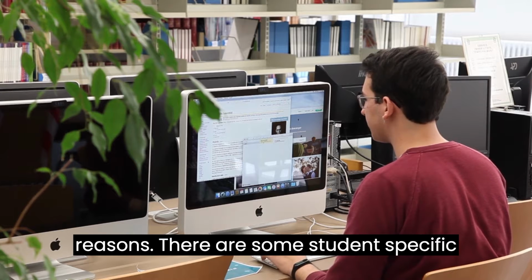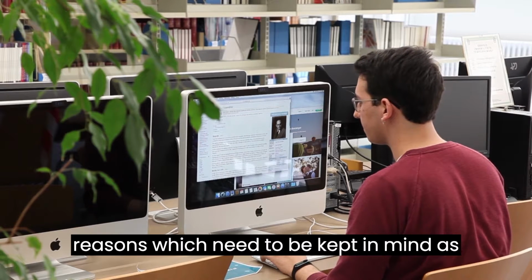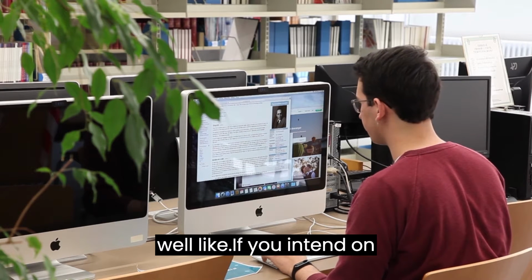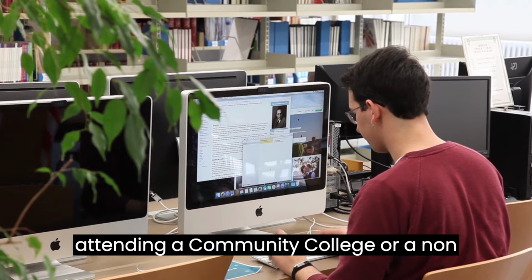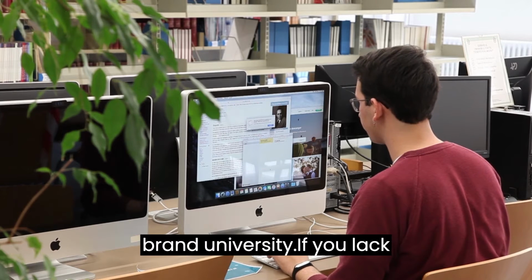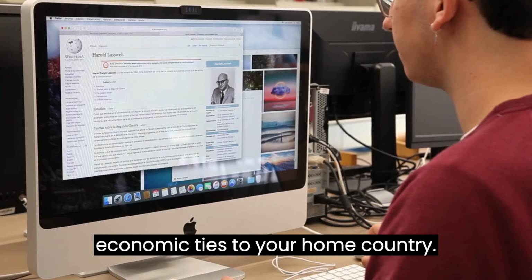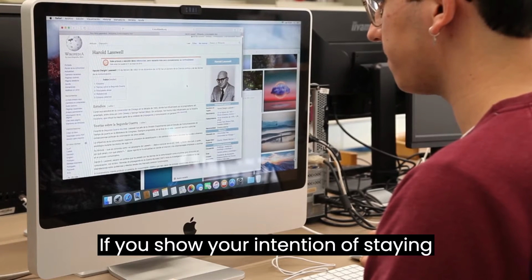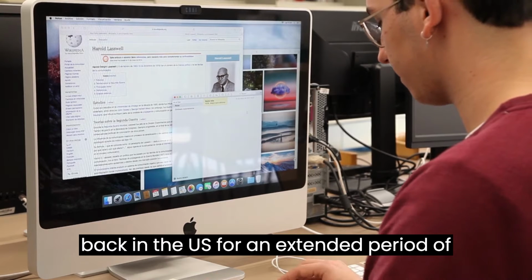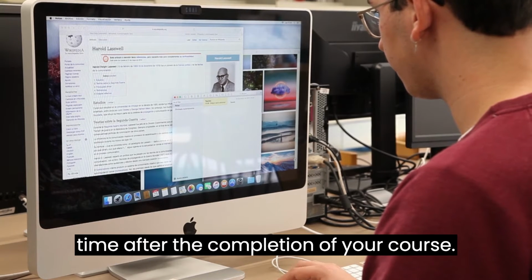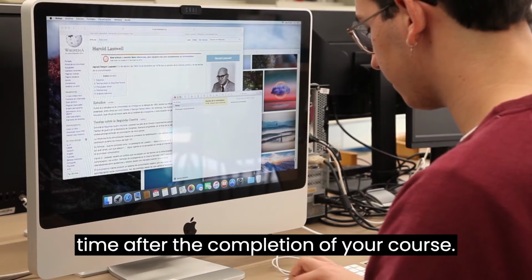Student-specific reasons. There are some student-specific reasons, which need to be kept in mind as well, like if you intend on attending a community college or a non-brand university. If you lack economic ties to your home country. If you show your intention of staying back in the U.S. for an extended period of time after the completion of your course.